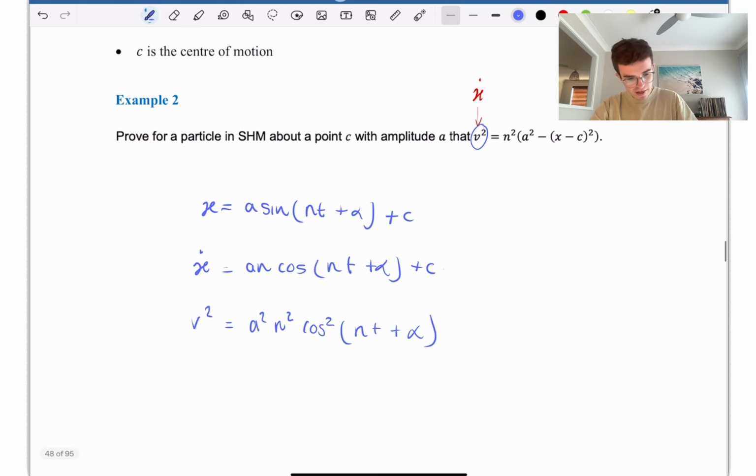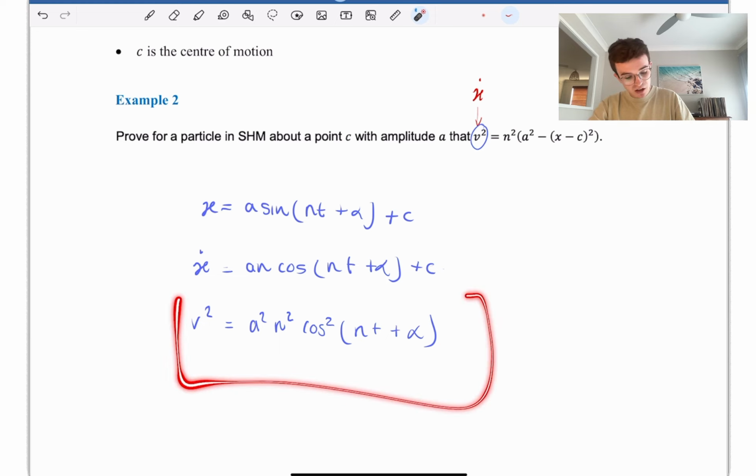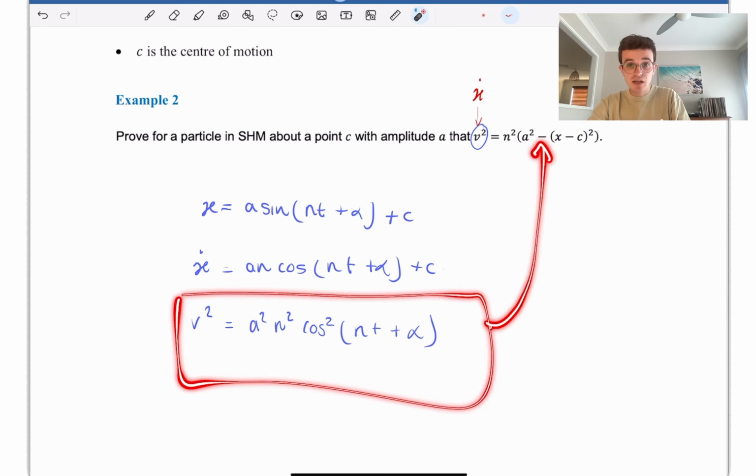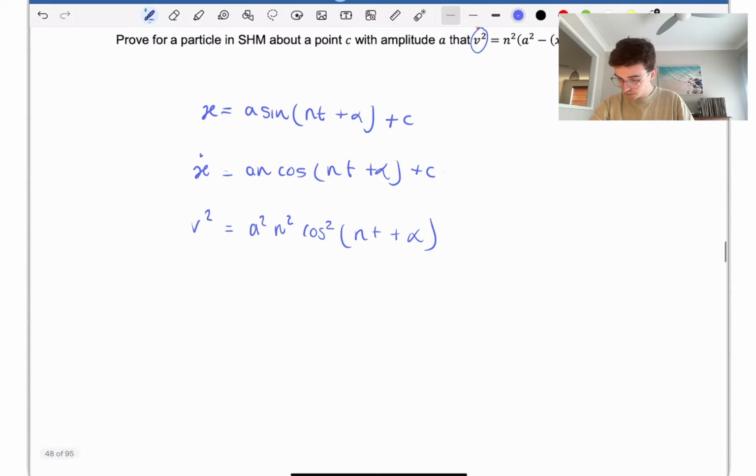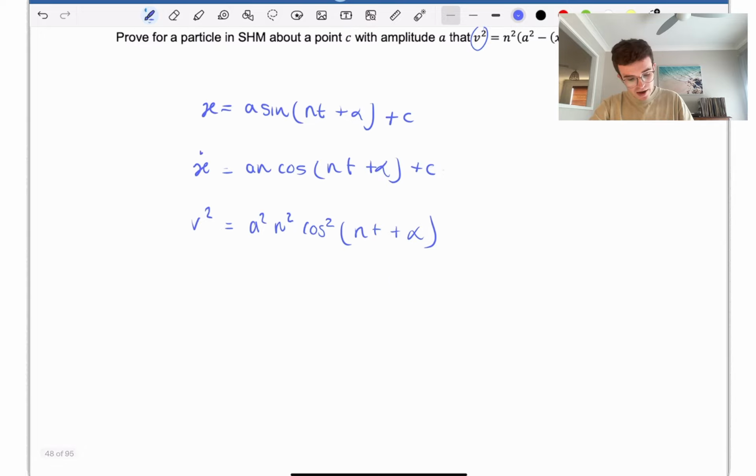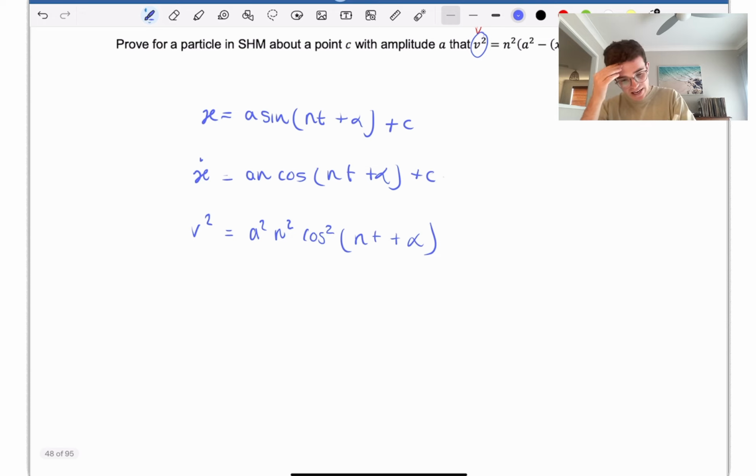Now we're trying to prove that this equation is in simple harmonic motion, and we're trying to deduce that this equation in simple harmonic motion is the same as this equation here. The only way I'm going to get x's in this equation is if I replace x with what we've defined it to be, which is sine. So we're going to have to replace cos squared with sine somehow, and we might remember that it's the same as 1 minus sine squared from that Pythagorean identity we've seen heaps and heaps of times.